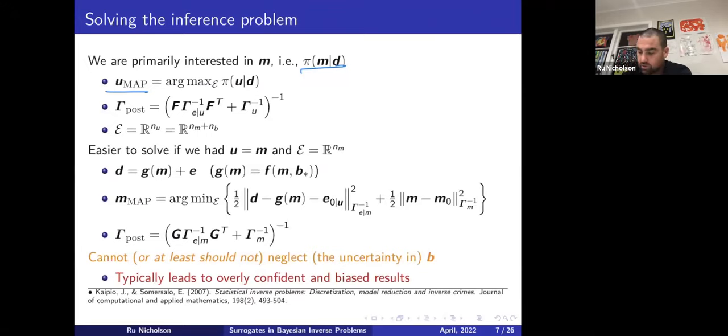So once we've discretized the problem, it is in a fairly large space typically, especially when these parameters come from discretizing infinite dimensional fields in PDEs.